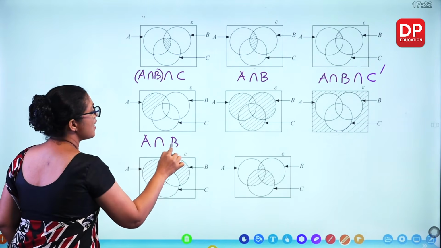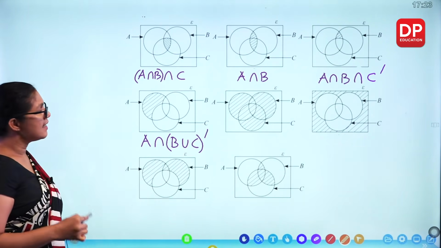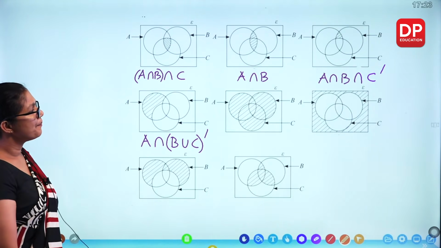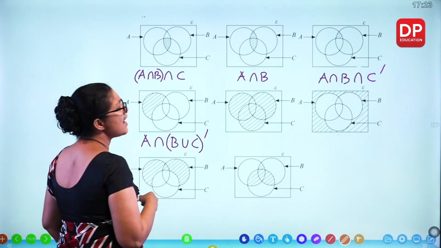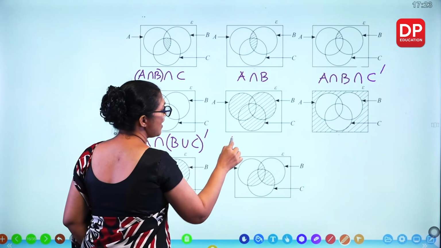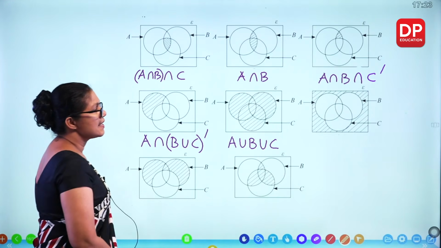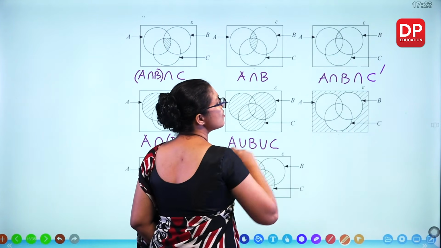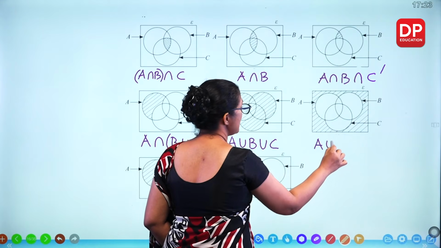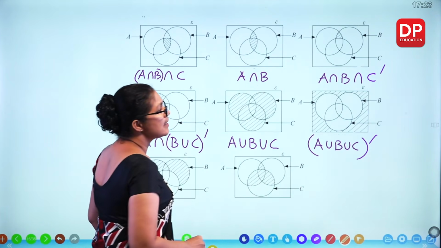So we can write B union C dash intersects with A. This region, this one, everything inside A, B, C. I can write A union B union C. This one, everything outside to the union. So A union B union C, whole thing dash.